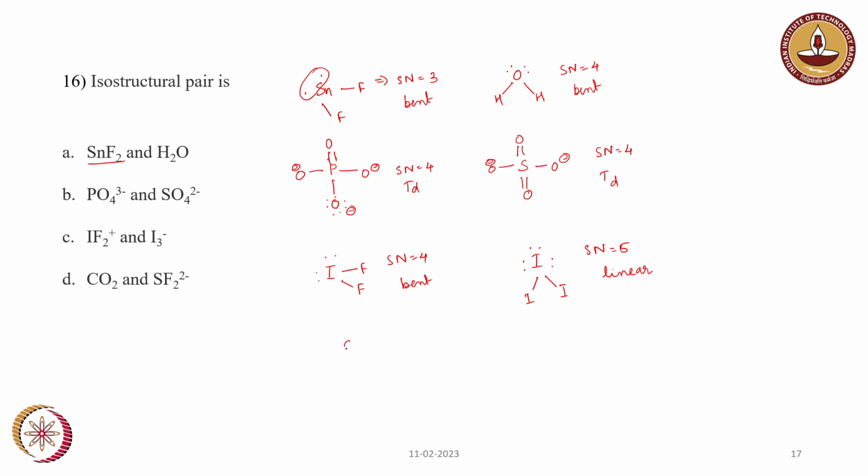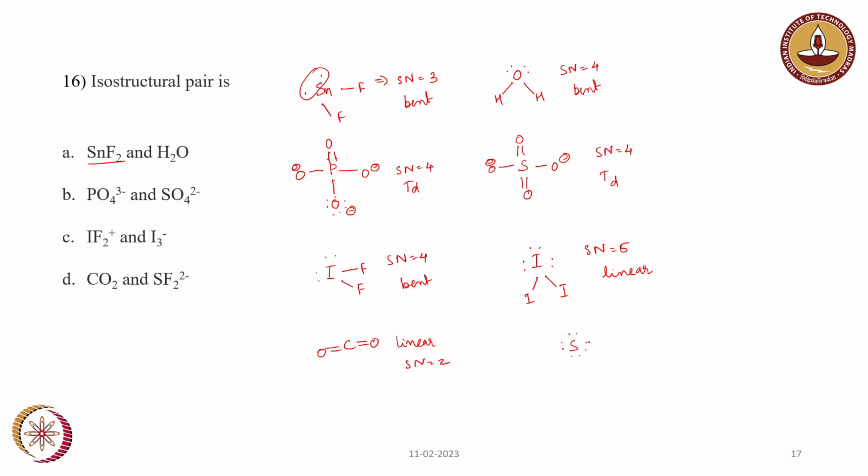And in CO2, 4 valence electrons and it forms 2 double bonds with oxygen. So it will be linear. The steric number is 2. And in SF2 2 minus, sulfur originally has 6 valence electrons and 2 minus charges are added, so 8 valence electrons.